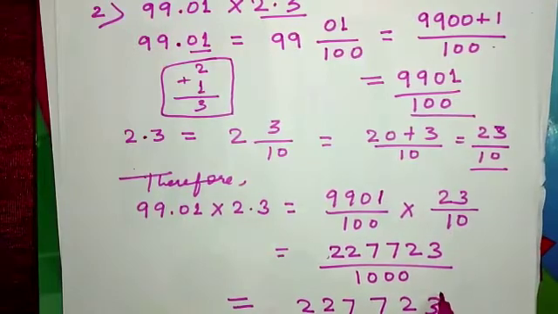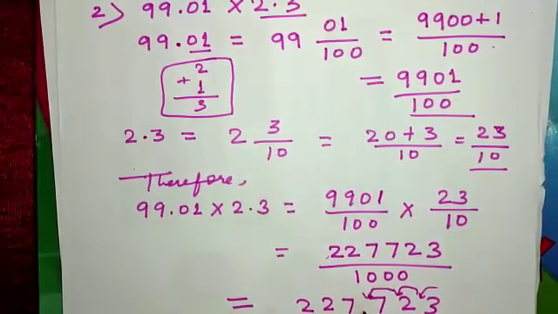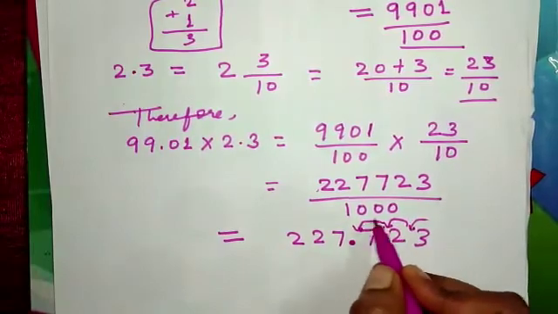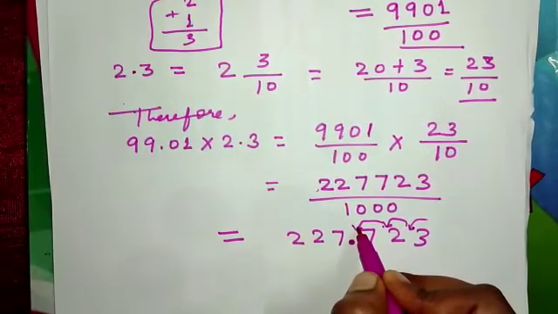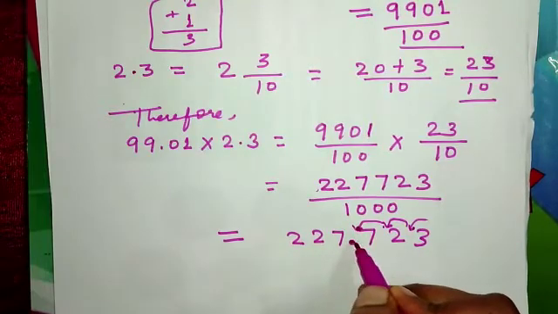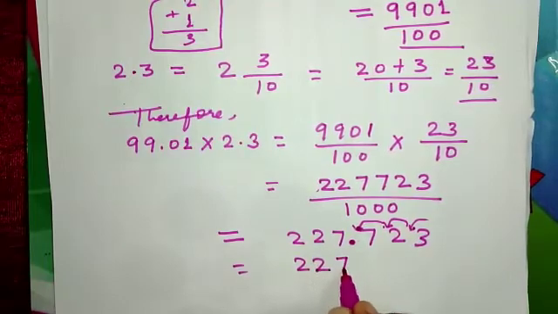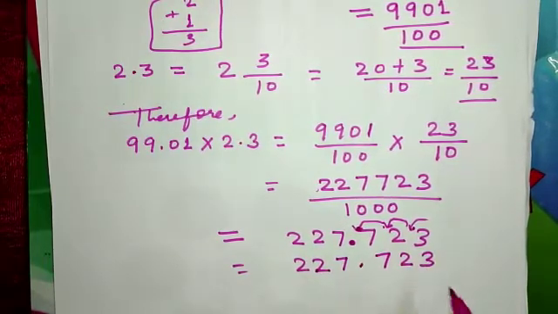This is the first place, this is the second place, and this one is the third place. We will put the decimal here. So our answer is 227.723.